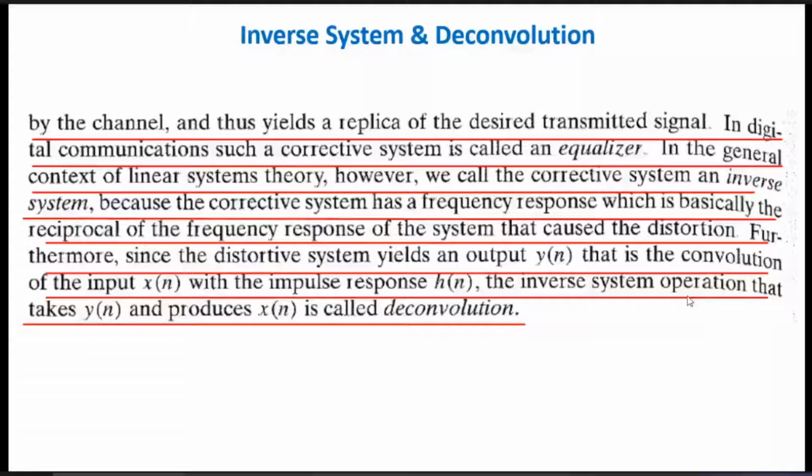Suppose one system is causing some disturbance.